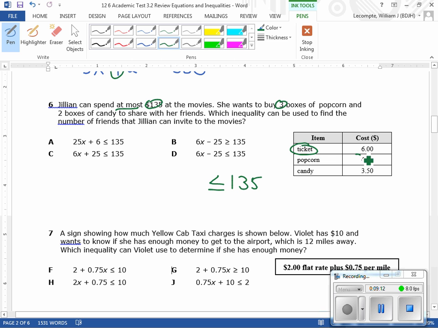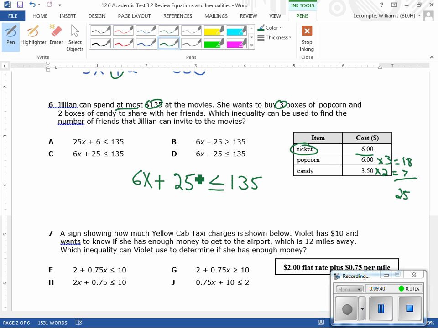So 6x would represent the tickets. And then we bought 3 boxes of popcorn and 2 boxes of candy. So that was 18 and 7, which equals $25. So at this point we have 6x plus 25 is less than or equal to $135.